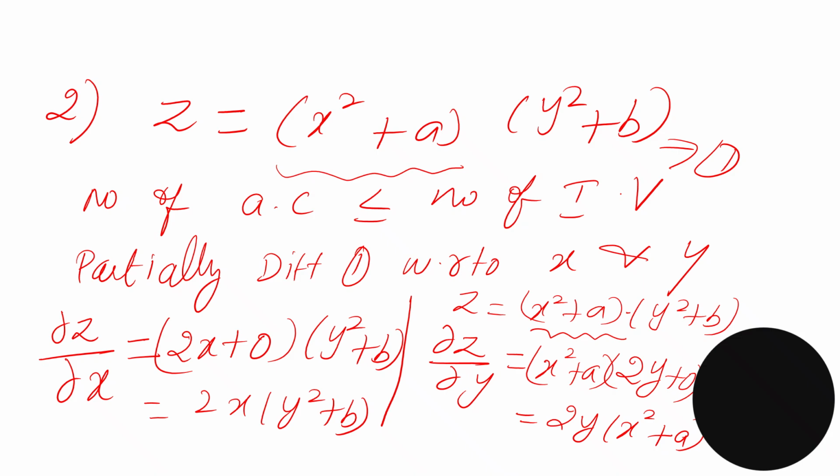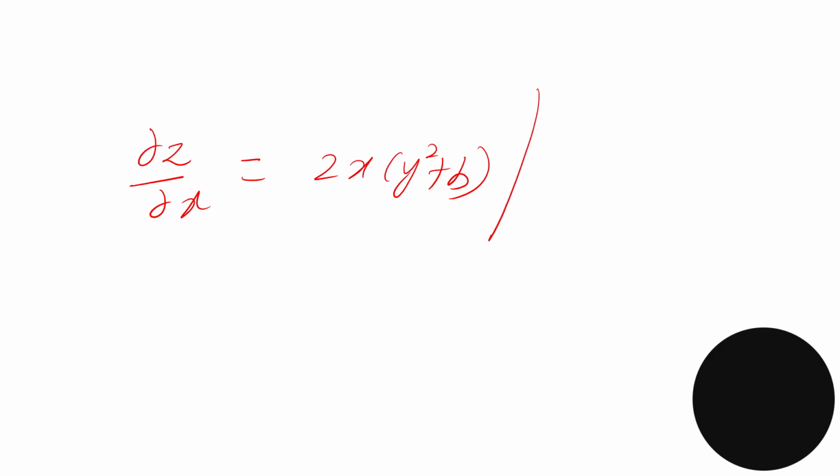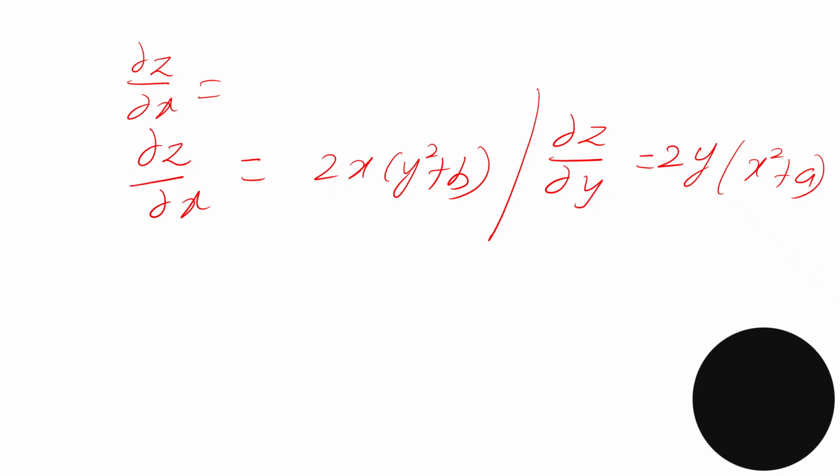So finally, dou z by dou x equal to 2x into y square plus b, and dou z by dou y equal to 2y into x square plus a. We already know dou z by dou x equal to p and dou z by dou y equal to q. That's why we use the p and q type.